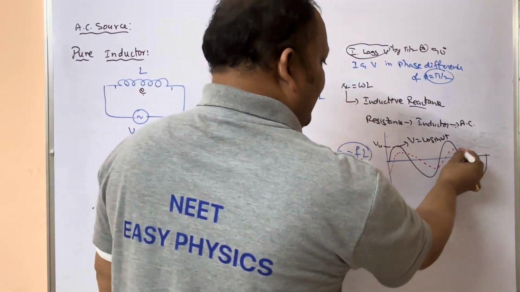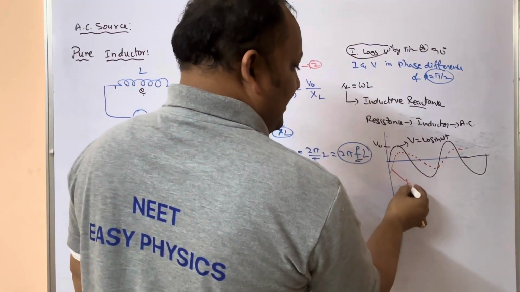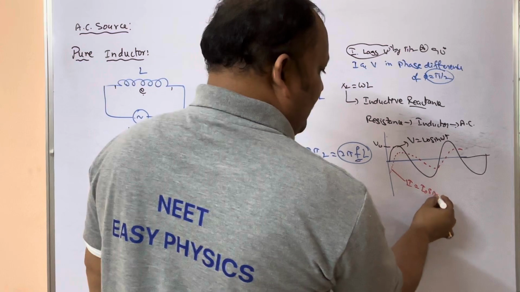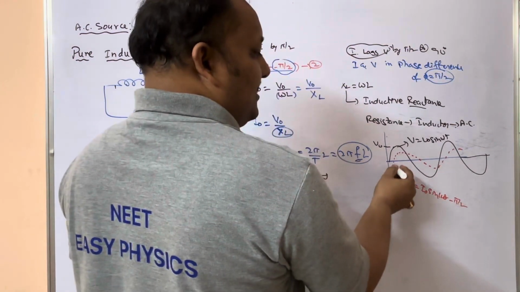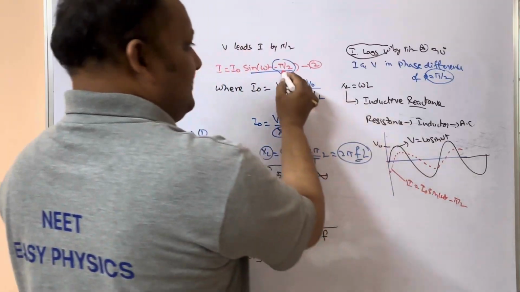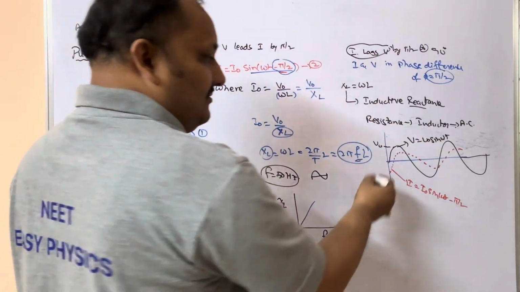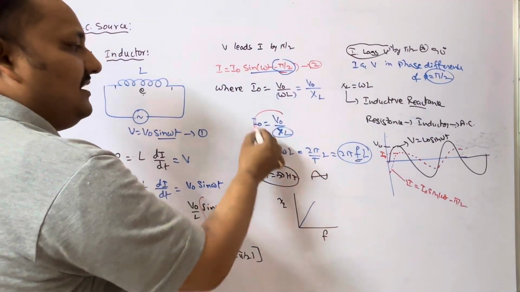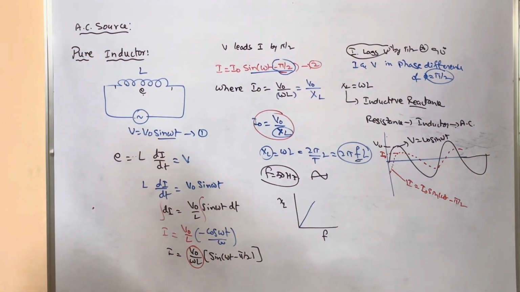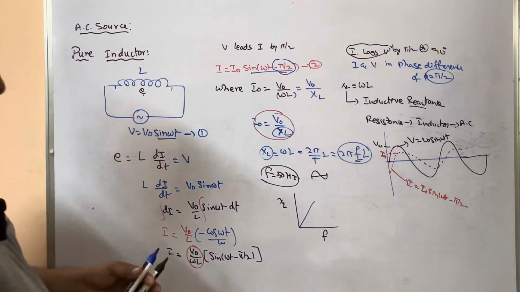It will go like this. This dotted line represents I naught sin omega t minus pi by 2. The phase difference between these two is minus pi by 2. This peak value is I naught, where I naught is V naught by XL.